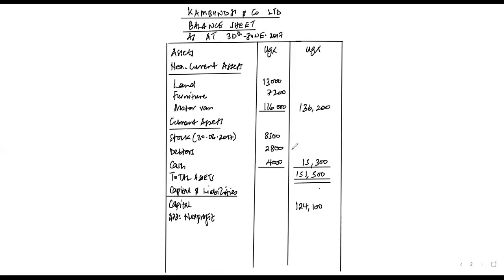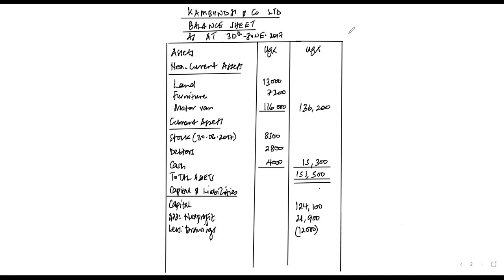So we add 21,900, but we have to less the drawings. The owner of the business took out some money worth 12,000, so the drawings reduce the capital.